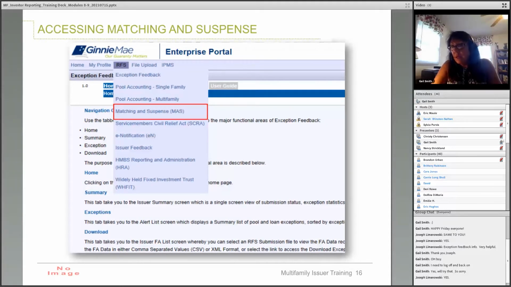Again, you may unmute yourself or type it in the chat. I see Joe entered a yes. I'm hoping that was for that he has a subservicer. I'm not sure.